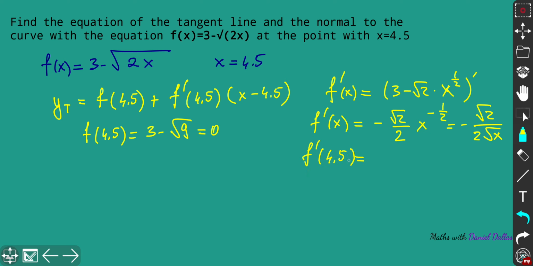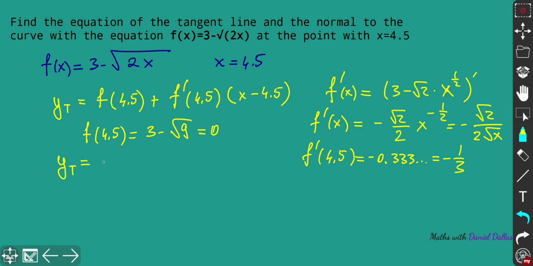Okay, so let's plug in there, and if you calculate that, you'll get minus 0.333 recurring. So that means you'll actually get negative 1 over 3, because that's a recurring decimal, you can convert it into an ordinary fraction. All right, so we've got everything, and now we can put it into the equation of the tangent line.